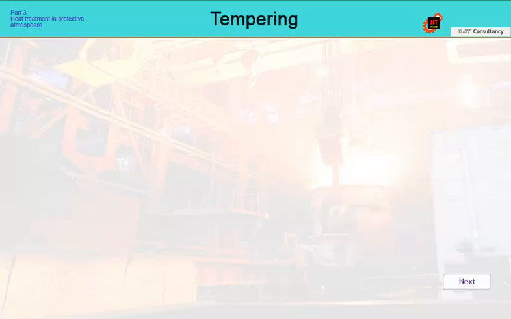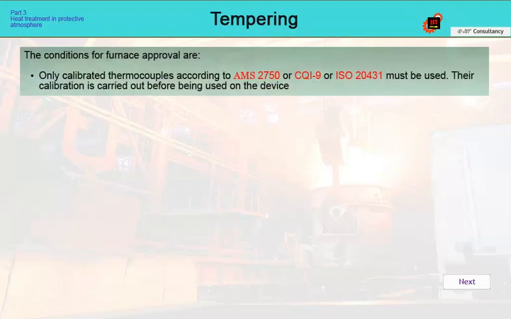In order for a tempering or annealing furnace to be in a qualified condition, it must meet at least the following criteria. It must use only calibrated thermocouples according to AMS 2750, CQI-9, and newly ISO 20431. Their calibration is carried out before being used on the equipment.